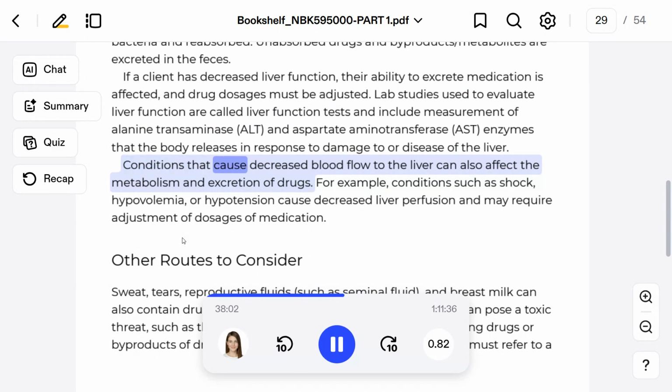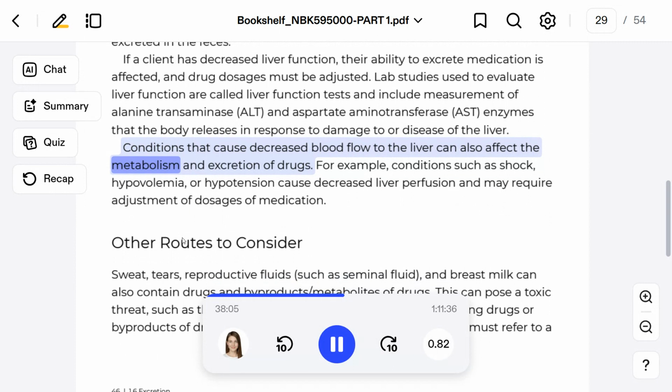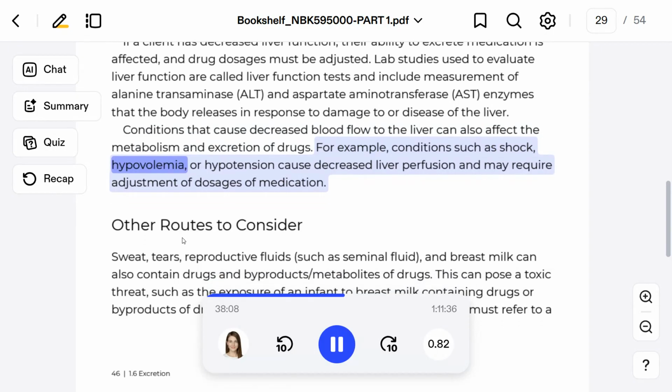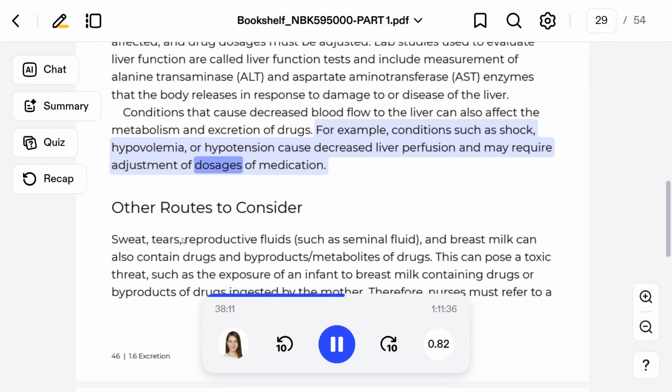Conditions that cause decreased blood flow to the liver can also affect the metabolism and excretion of drugs. For example, conditions such as shock, hypovolemia, or hypotension cause decreased liver perfusion and may require adjustment of dosages of medication.